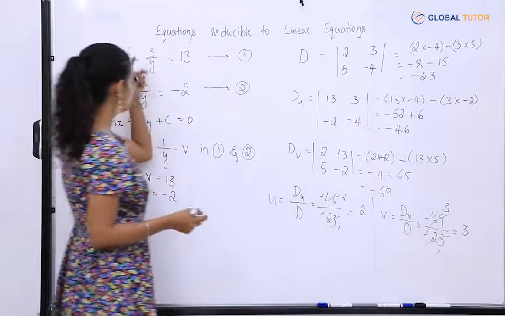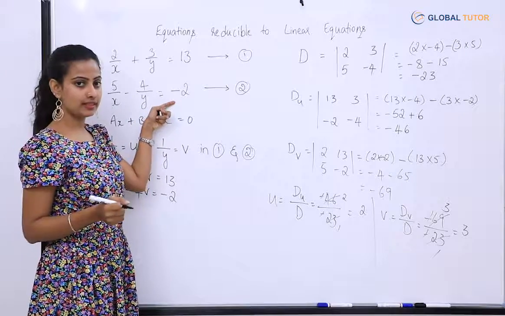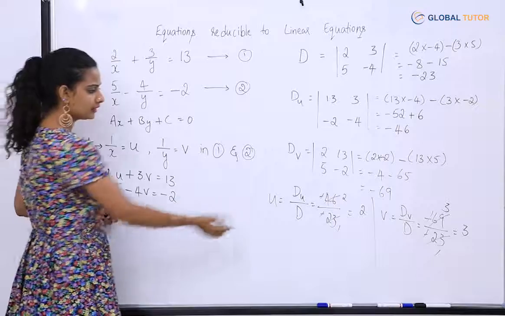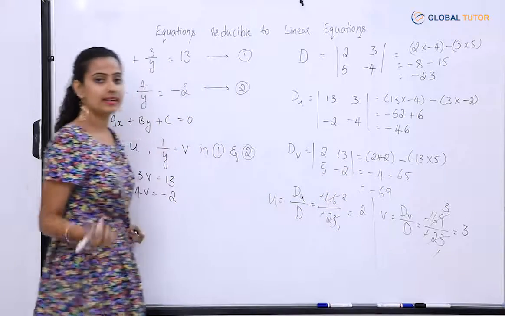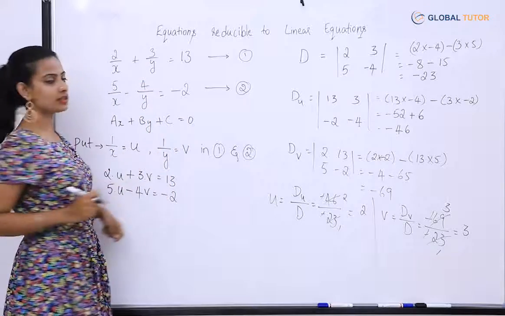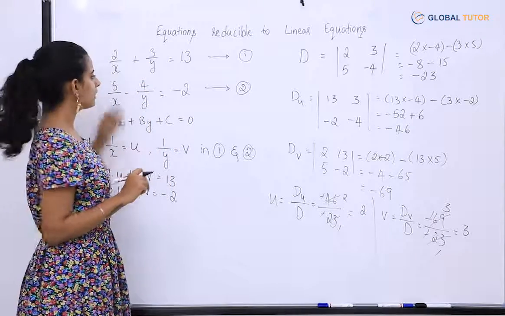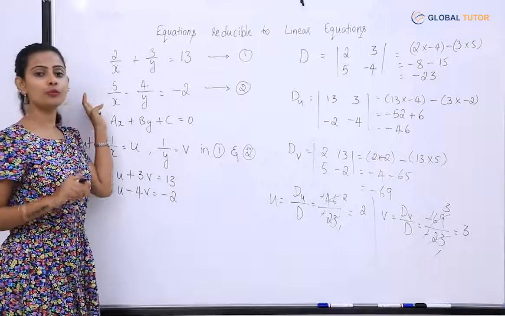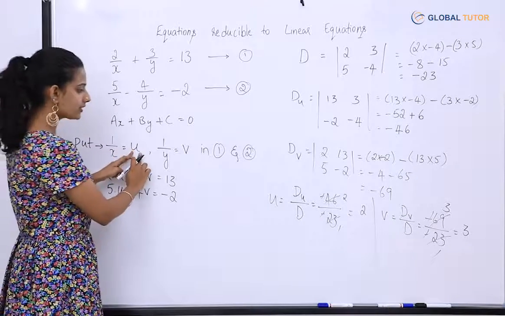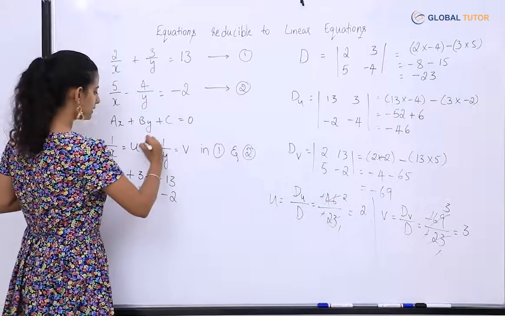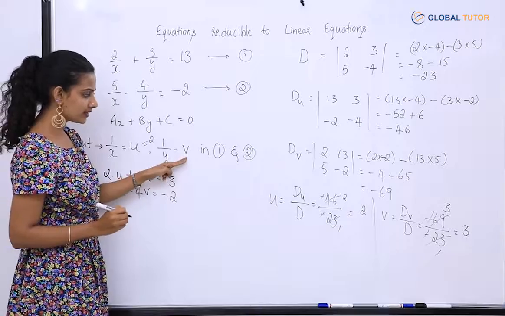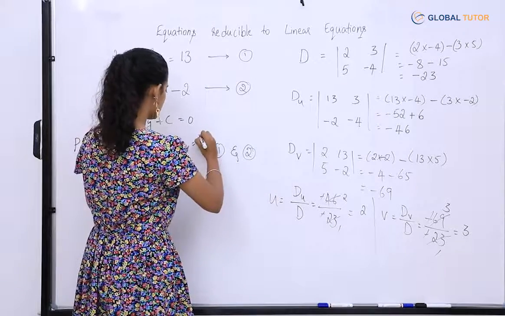So in order to convert these two equations into a linear equation, we will replace the values of u and v by 2 and 3 respectively. Because we got the initial equation in the form of x and y, we have to give the answer also in the form of x and y. Here we considered 1 by x as u, and what is u? 2. 1 by y is v. So what is v? v is 3.